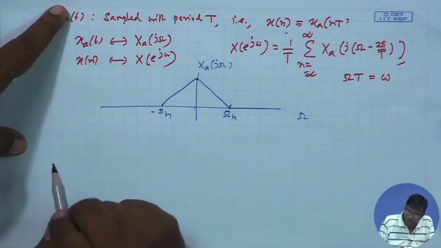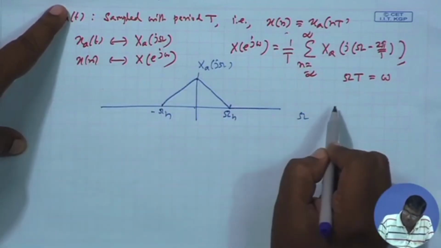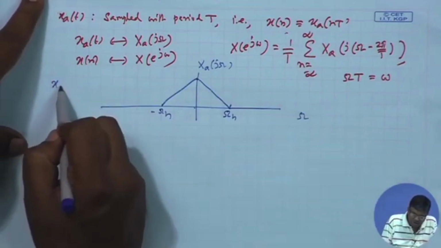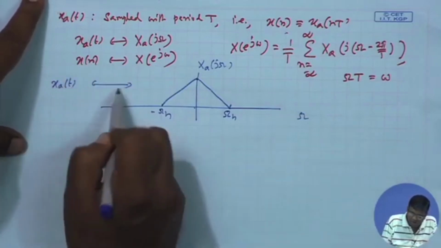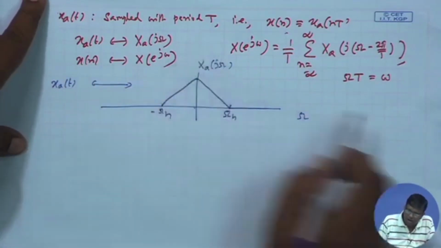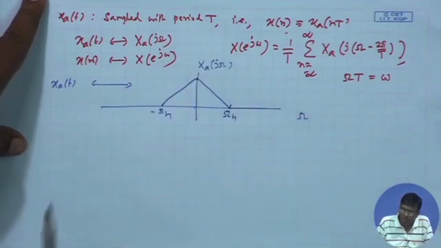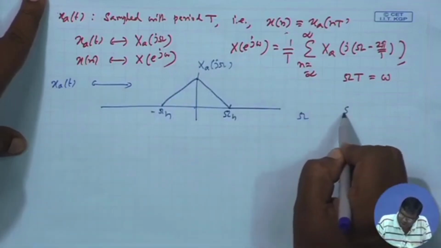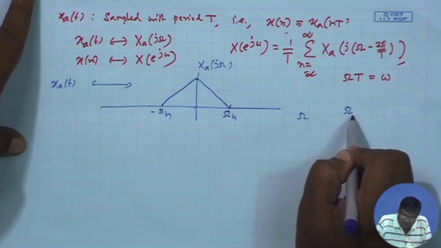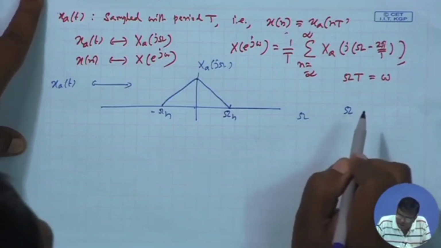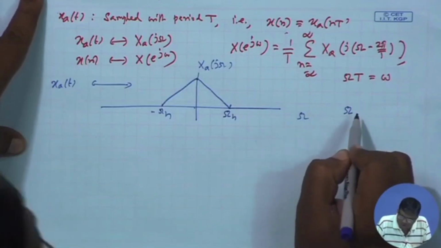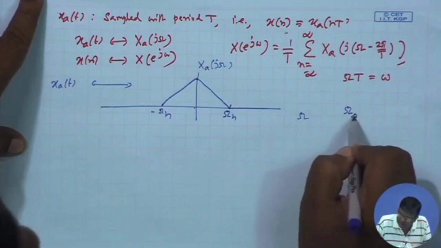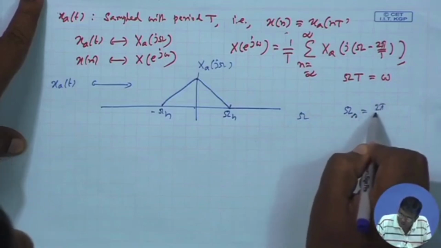Okay. And now, suppose I am sampling it, this is x a t, we are sampling it at a period capital T. Sampling frequency, so long I used the term omega naught. Now, I will call it omega s, s for sampling, 2 pi by t.